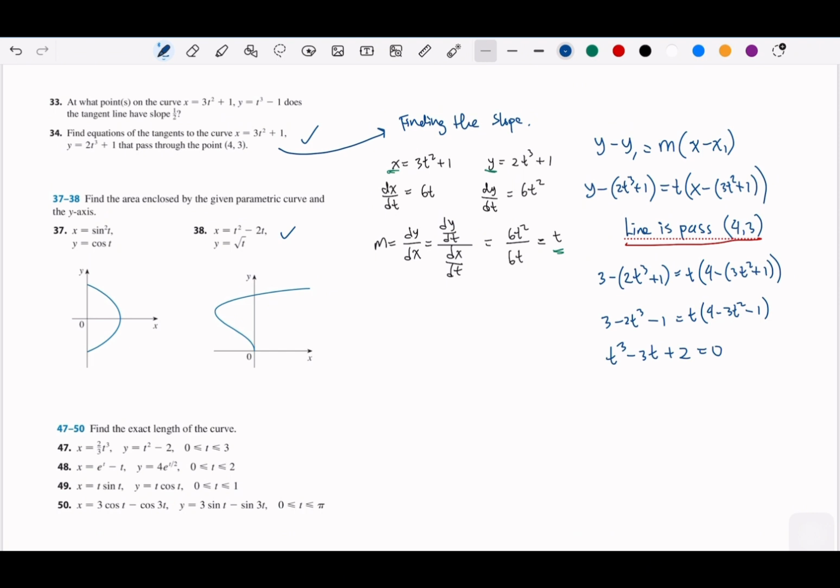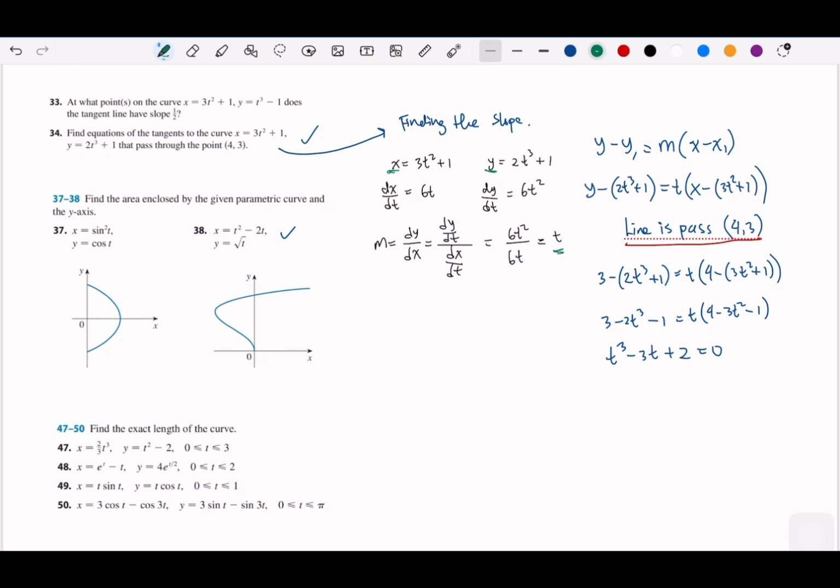How do we factorize this? It's not a quadratic. I expected this to be quadratic, but it's cubic. So what should we do now? Let me give you some tips.